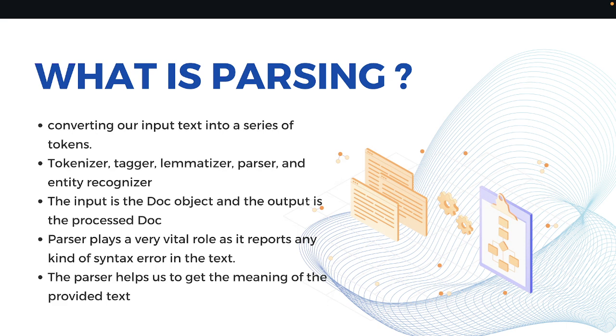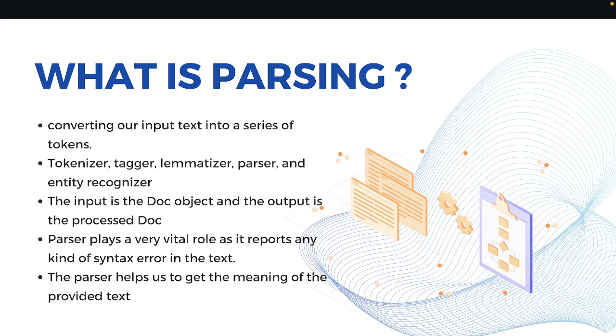In each stage the input will be taken as a doc object and the output is also processed as doc. Every stage makes some kind of change to the doc object and feeds it to the subsequent stage of the process. The processing of our text, which is termed as doc, as I already said, is done in various incremental stages.